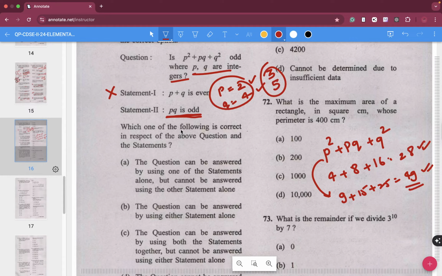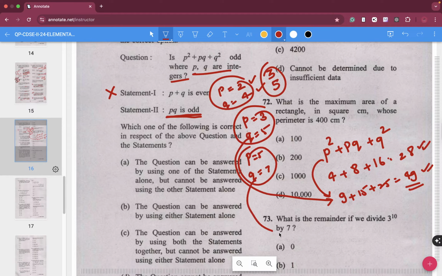If pq is odd, then one thing is certain: both p and q are odd numbers. If both p and q are odd, it directs to this particular case. What happens to p square plus pq plus q square?